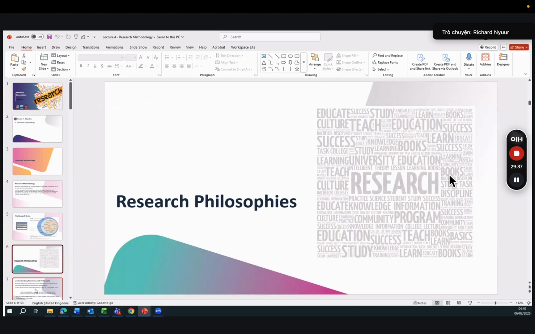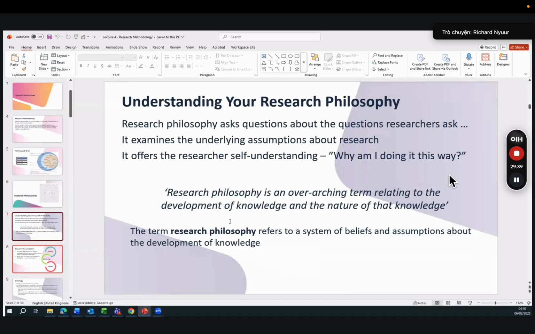There are quite a number of them, but I would want at this stage to emphasize just a few of them. Yes, at every level of dissertation or thesis, so undergraduate, postgraduate, DBA, MBA projects, and then PhDs, at every stage you need to cover research philosophies, and therefore it's important to understand research philosophies.